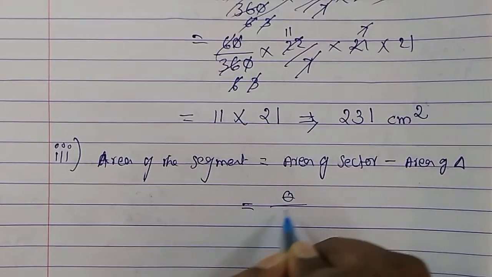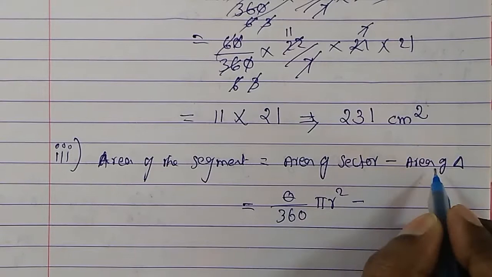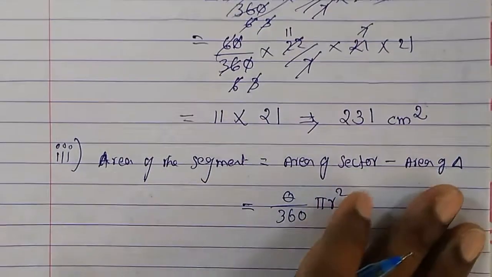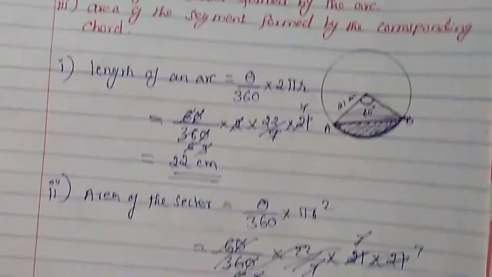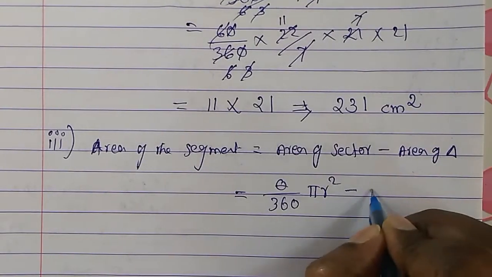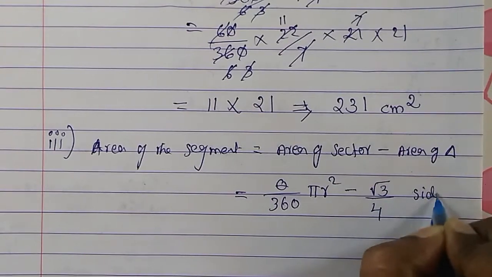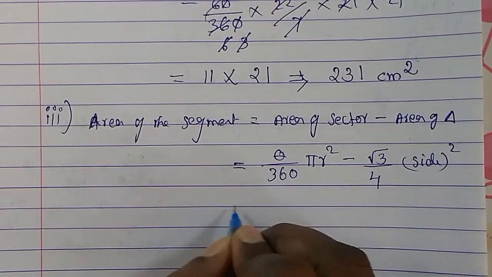So area of sector is theta upon 360 pi r square minus area of triangle. Now what type of triangle it is, I have explained to you. When it is 60 degree at the center, then this triangle becomes an equilateral triangle. So area of the equilateral triangle, to find out formula is root 3 upon 4 side square. This also in the introduction part I have explained to you.